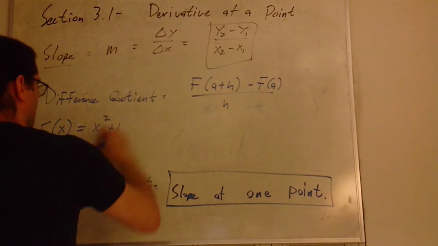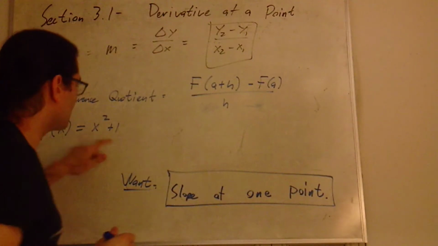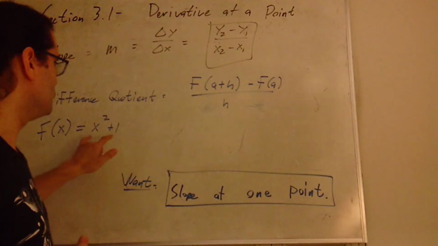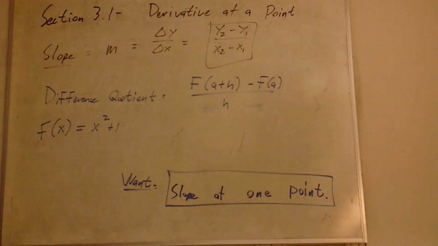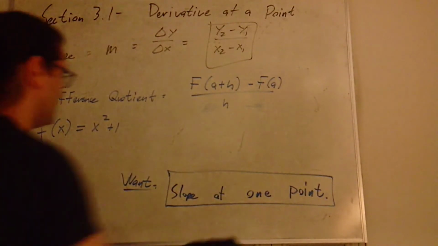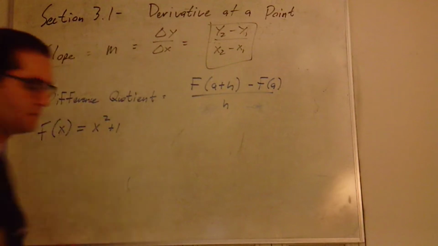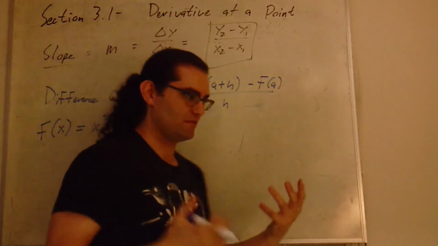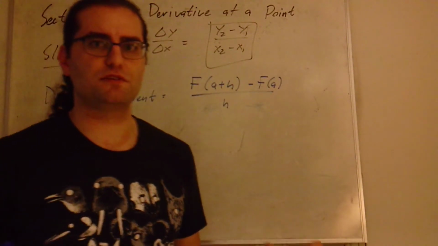So if I go back to my original function, f of x equals x squared plus 1, I'm going to go through the same slope calculation I did earlier to get the average rate of change, using the difference quotient instead of a slope, so that we can see how they're connected. If I want to end up with the same slope, I need to essentially be using the same points.